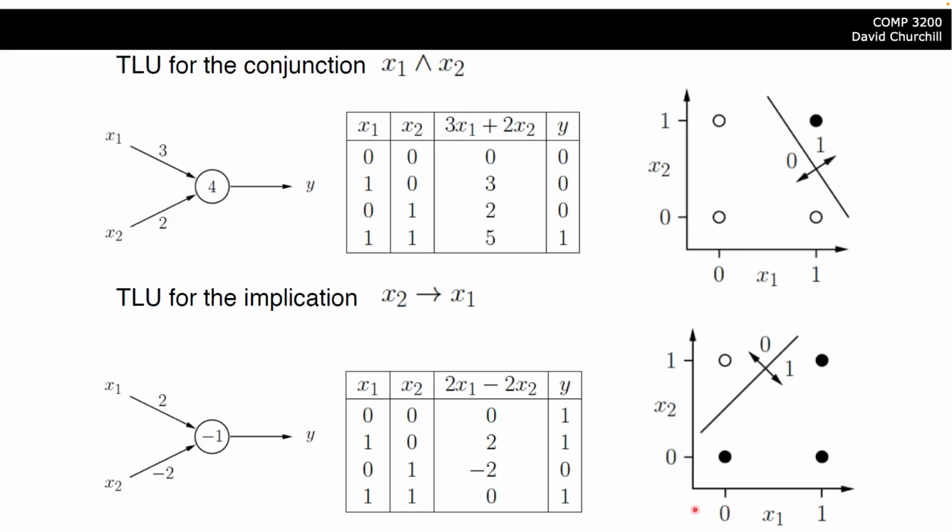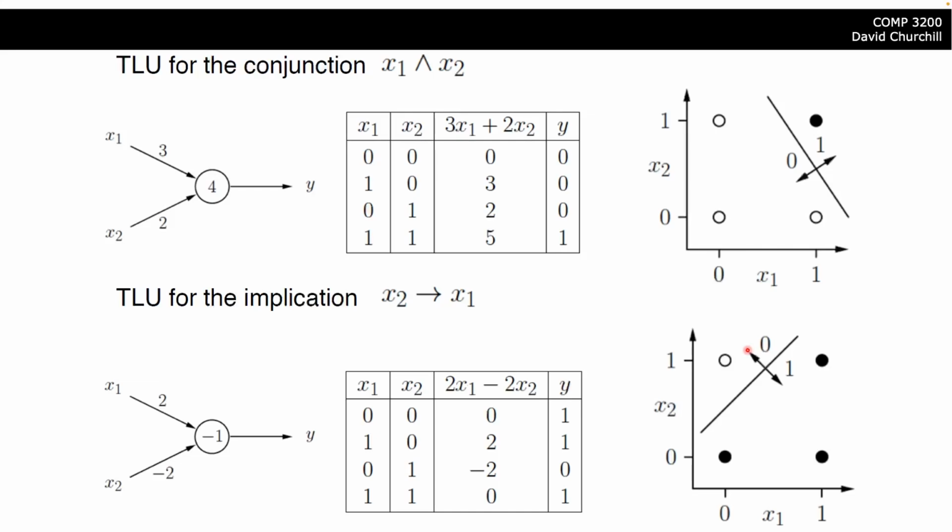So here we have a case where the only 0 is when we have 0 for X1 and 1 for X2. And so this formula is able to classify the ones from the zeros by drawing this line through the plane. Okay? So if I can draw a line through the plane to separate them, then a very simple TLU is able to replicate that function, and that function is called linearly separable.